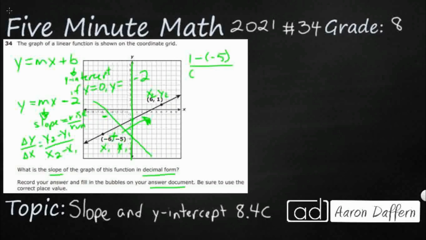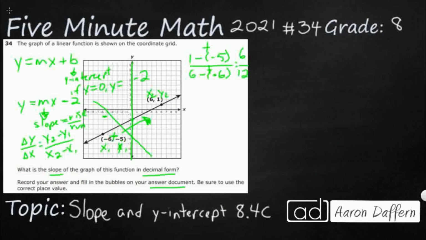Then we've got 6 minus -6. The two negatives make a positive, so 1 plus 5 is 6, and 6 plus 6 is 12, so 6/12. We'll deal with that in decimal form in a moment.